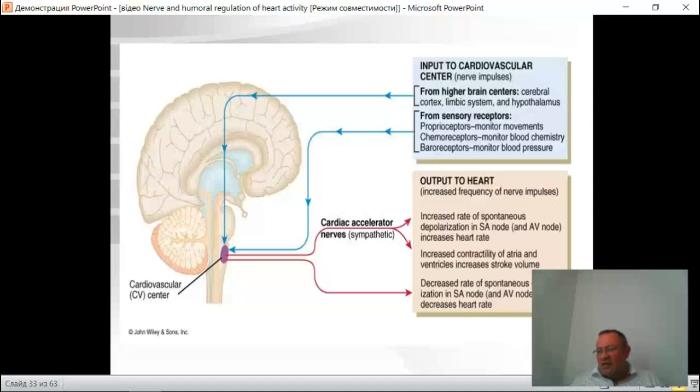Like results, you can see the effect of cardiac acceleration through the sympathetic nerves.